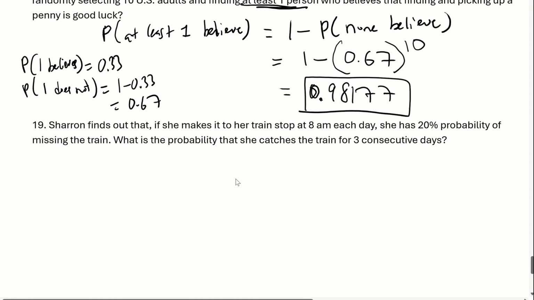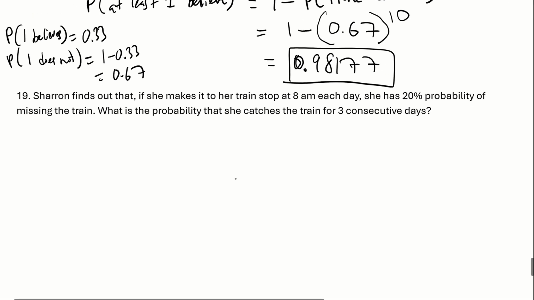All right, so 19. Sharon finds out that if she makes it to her train at 8 a.m. each day, she has a 20% probability of missing the train. What is the probability that she catches the train for 3 consecutive days? So 3 days in a row, right?